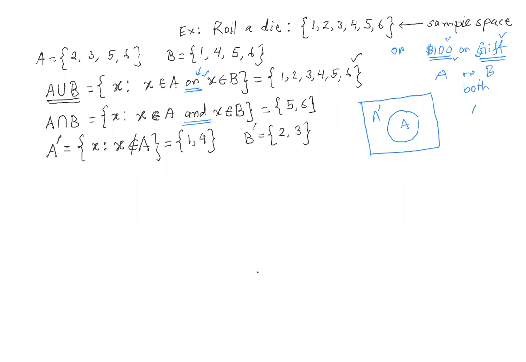Sometimes people use A with a little c on the top too, but I tend to use A prime. So this circle represents event A, which means outside of this circle would represent A prime. Venn diagram, it's easier to see.